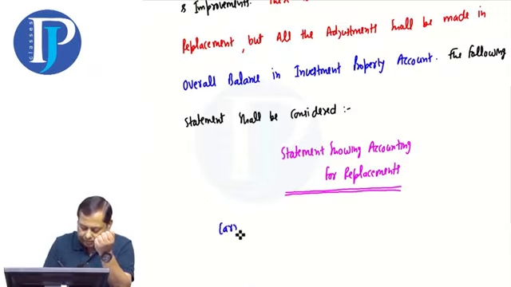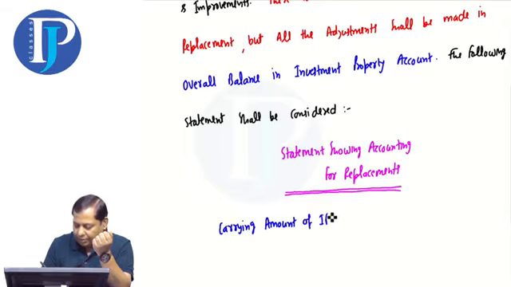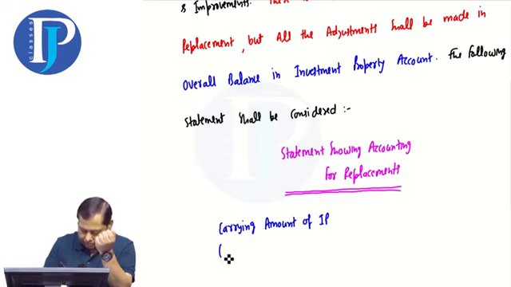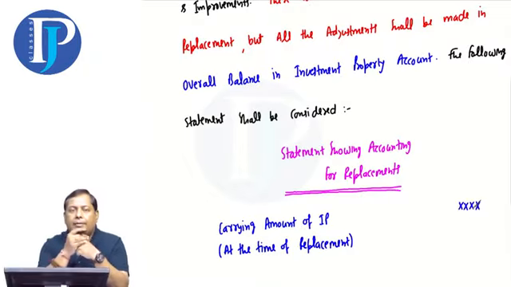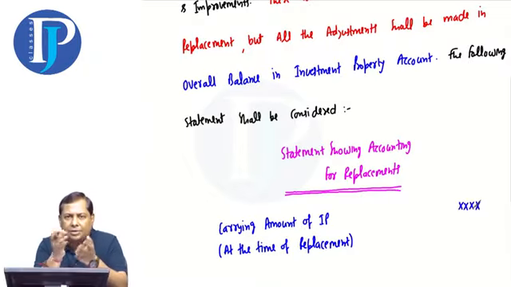Write the carrying amount of the investment property. The carrying amount of the property should be with you. For that, we take the accumulated depreciation, the depreciation you have charged till now, and subtract it from the original cost to obtain the carrying amount.